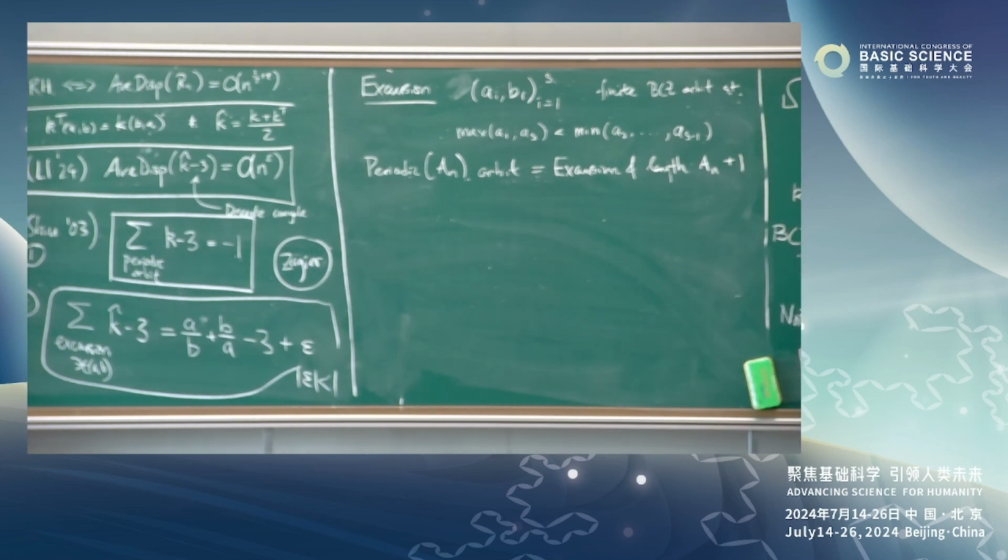Okay, because the first point and the last point, you should think of them as different in the excursion. That's just a minor point, but essentially, you should think of an excursion as a generalization of a periodic orbit.